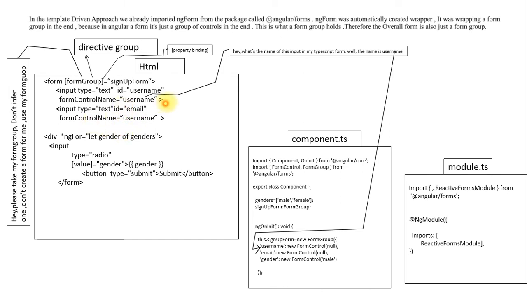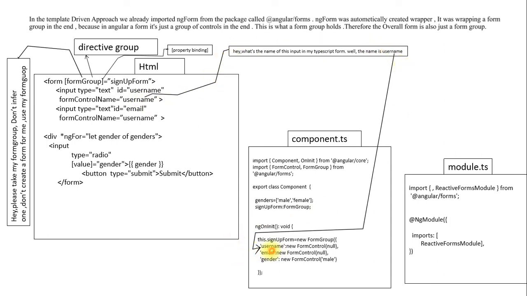You can follow along: this formControlName is saying, hey, what's the name of this input in my TypeScript form? Well, the name is username. You can see that we use username here, and this username came from here.